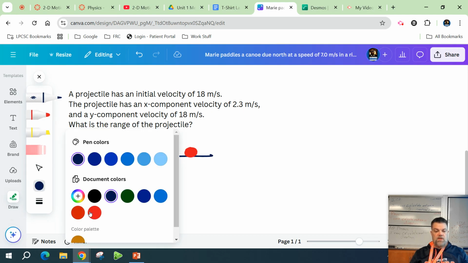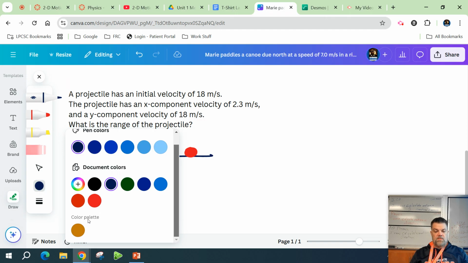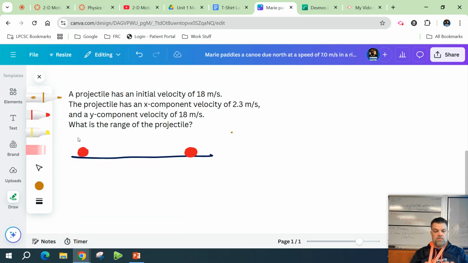It's going to go somewhere. It gets shot this way with a velocity of 18 meters per second. Goes this way. All right, that's good, I guess.